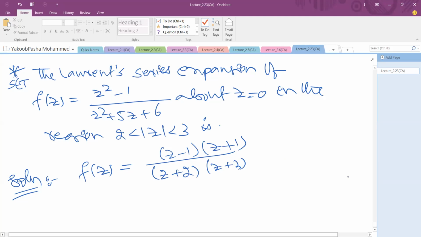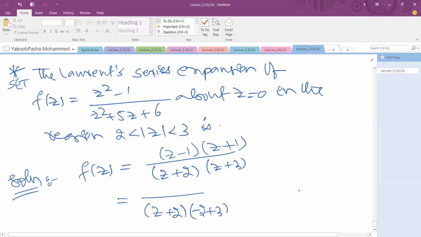So we can expand the terms like this. First I am writing z plus 2, replace z equal to minus 2: minus 2 minus 1, minus 2 plus 1 over minus 2 plus 3.